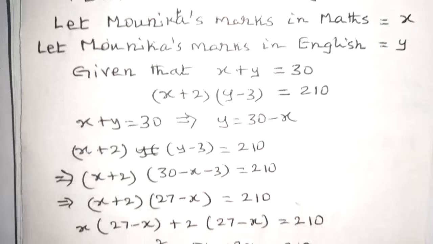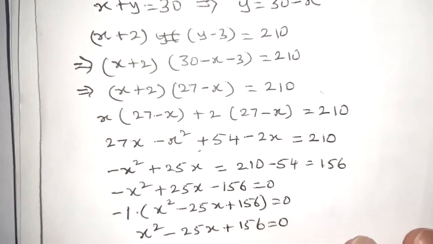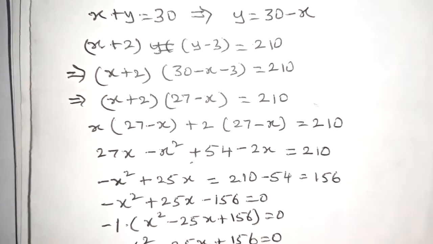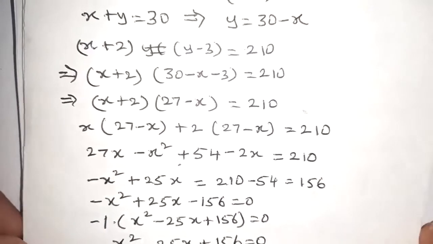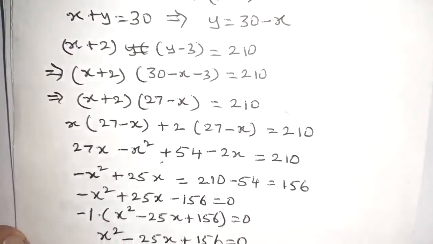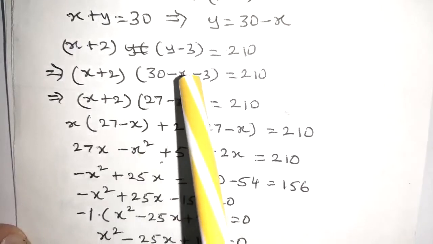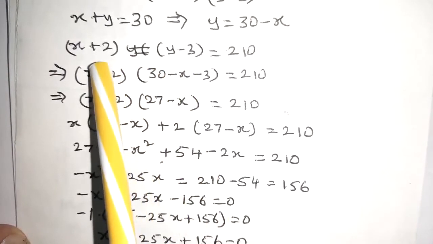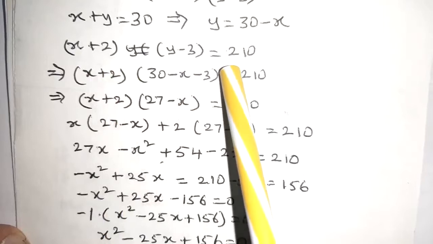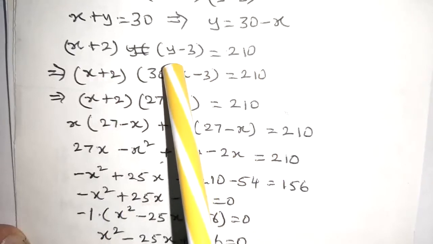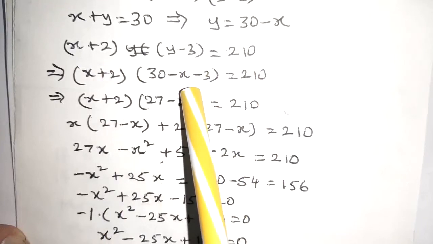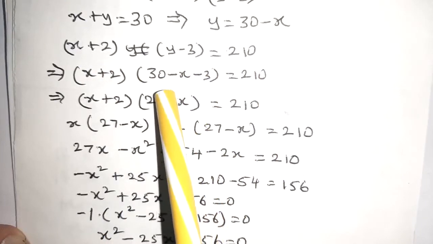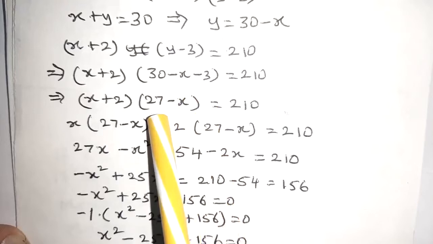If we write this, then we get x plus 2 multiplied by y minus 3 equal to 210. In place of y, we write 30 minus x. 30 minus 3 is 27.